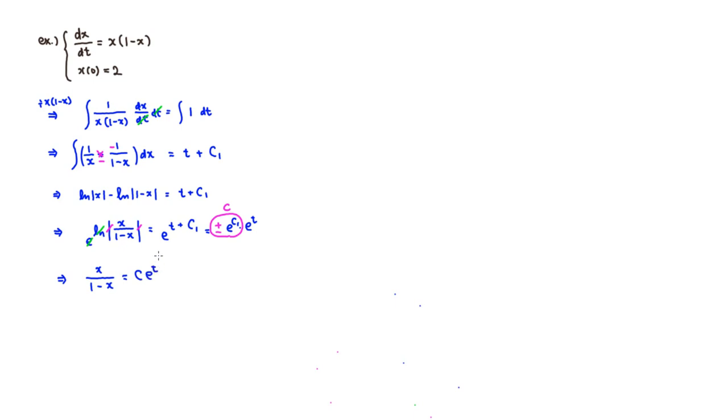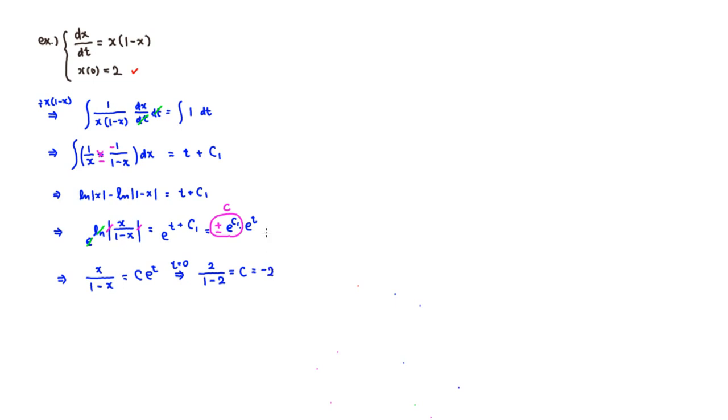From here I'm going to use the initial value condition. I'm going to plug in t = 0. So x(0) is 2 from the initial value condition, giving 2 over 1 − 2, and this is equal to e to the 0, which is 1, so this is going to be c. 2 over negative 1 is just negative 2.